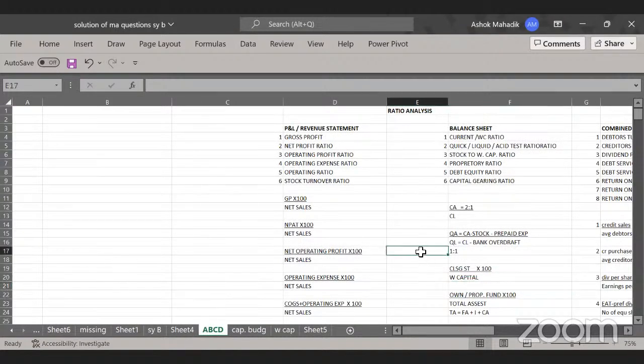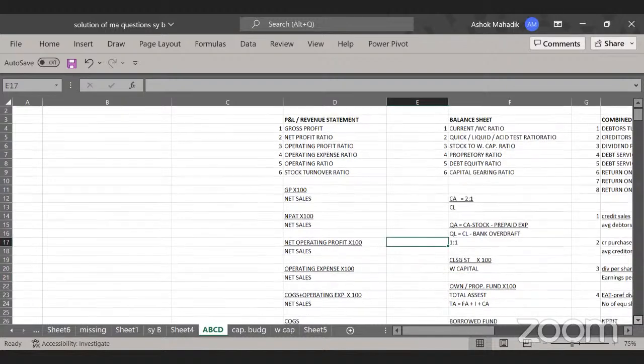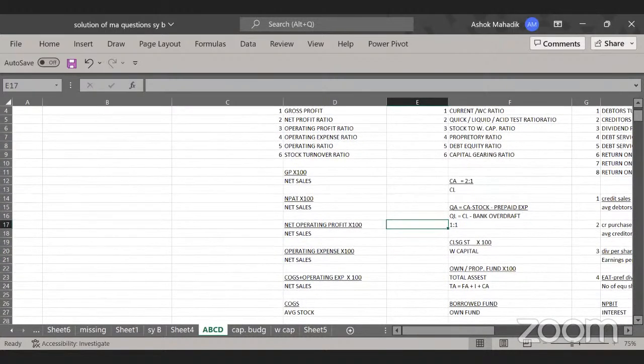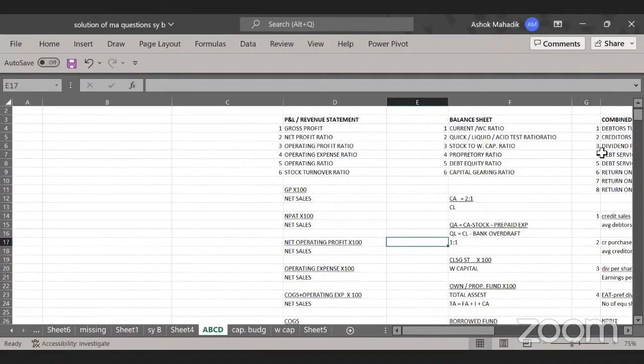I just revise these ratios. Very simple ratios. What I suggest you do, the video first for the ratio sum. I'll just get one sum here and I'll solve it.